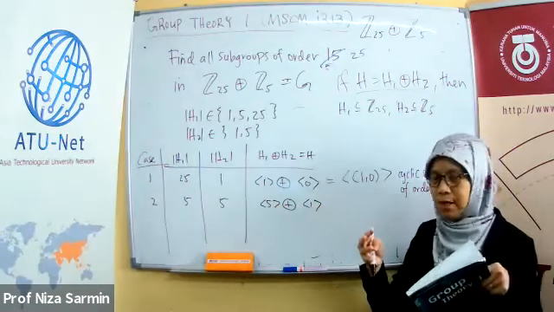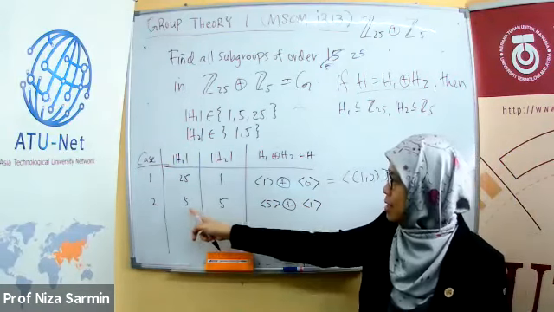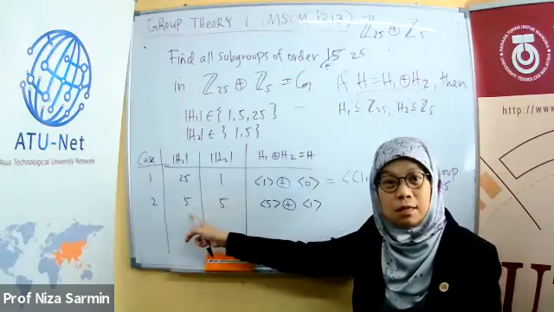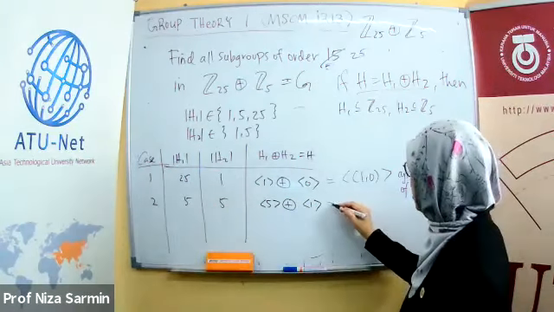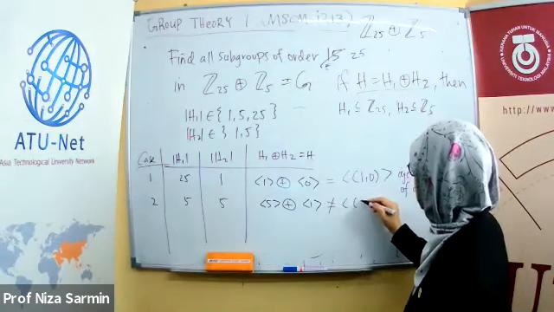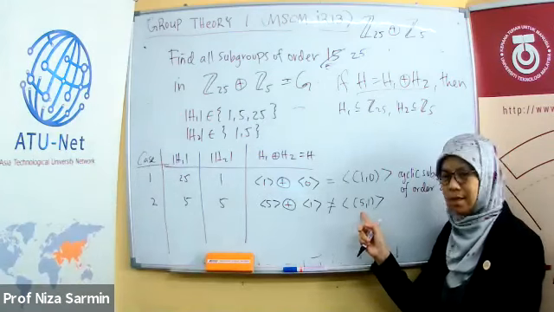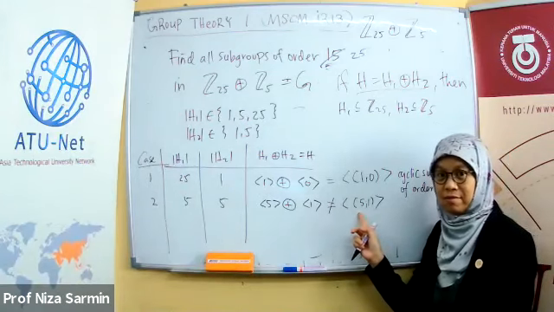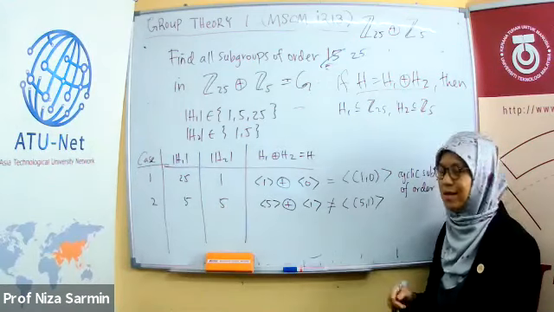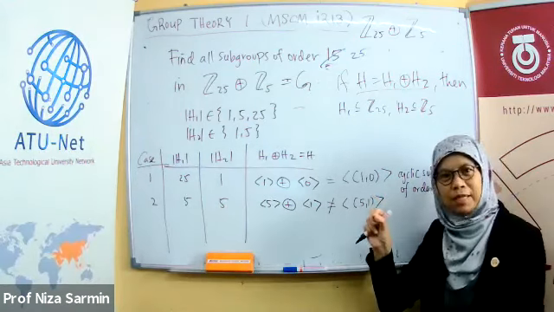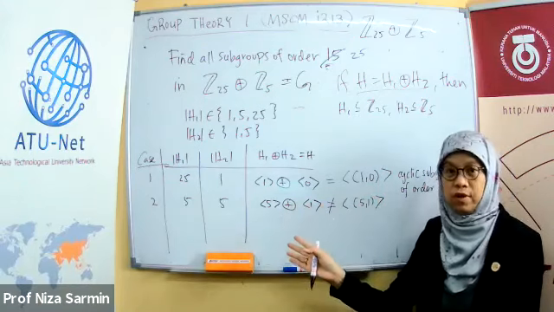You can multiply. But this is not cyclic because the GCD is 5. Okay? You cannot put this as this. This is a subgroup of order 5 because GCD is 5. Right? If you write out, multiply out, you get only 5. But this is a subgroup of order 25.